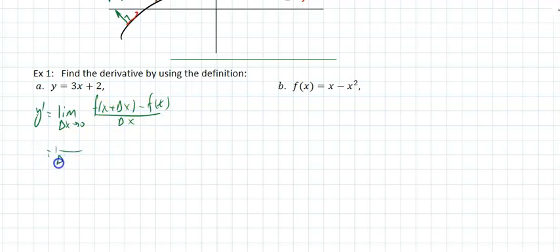For f of x plus delta x, replace x plus delta x wherever you see an x. There it is, plus 2. That is this piece. Minus f of x is simply what you see.